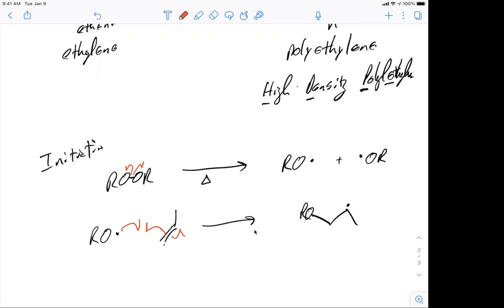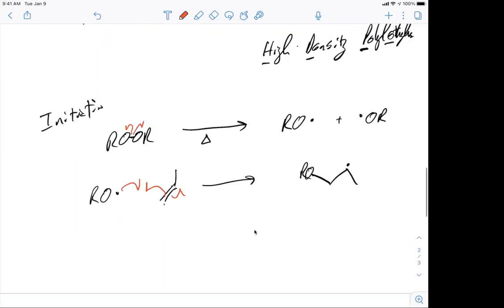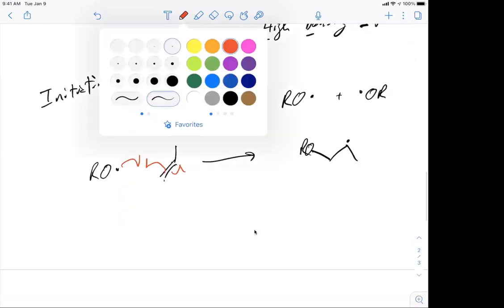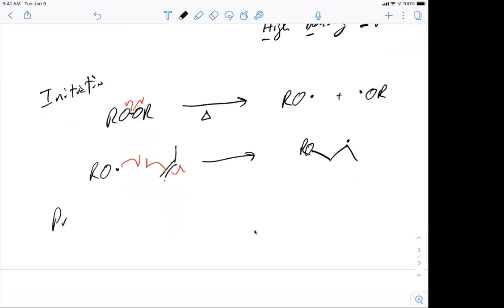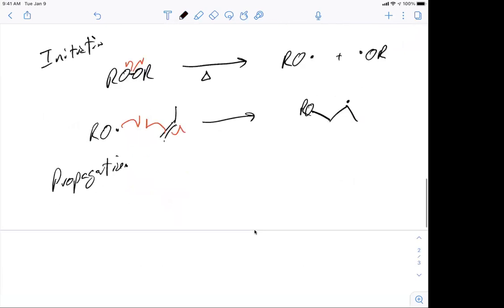Thank you. And so we end up with this radical, and then this radical does our propagation. We end up with this radical here that reacts with another alkene, and I'm showing them upside down.